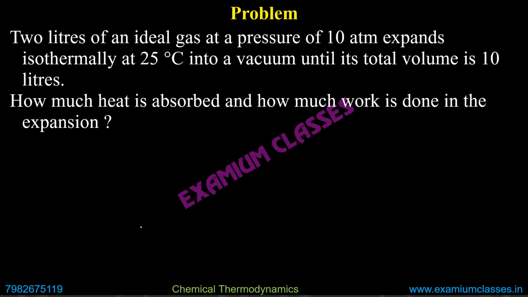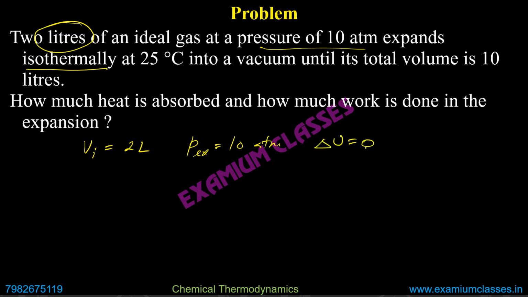The question: 2 liters of an ideal gas, initial volume 2 liters, at a pressure of 10 atm, expands isothermally. If it is an isothermal process, delta U is 0.